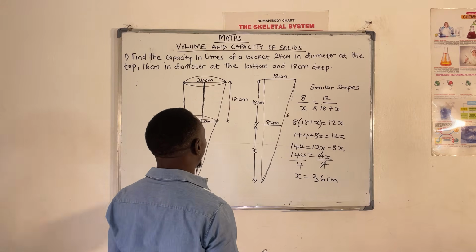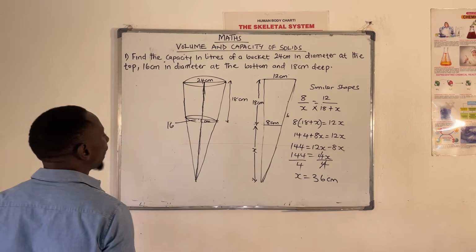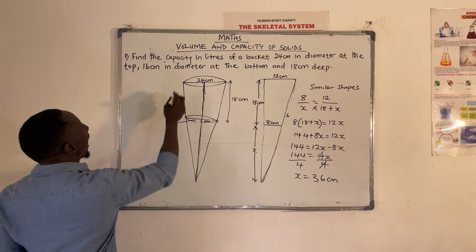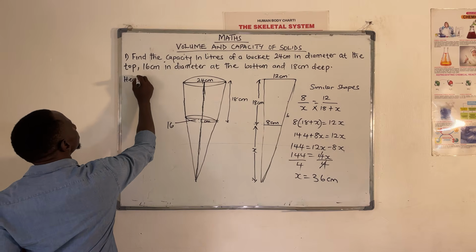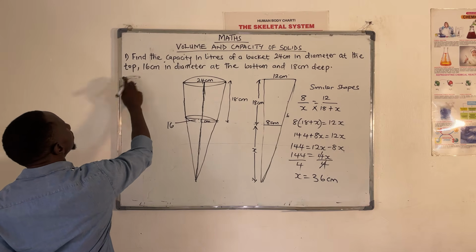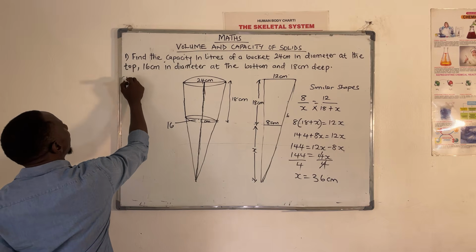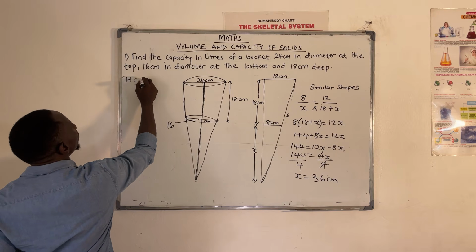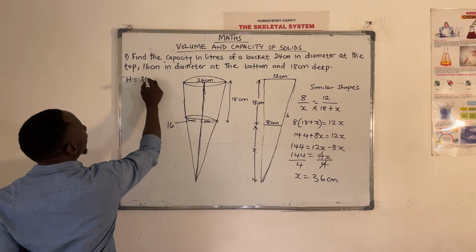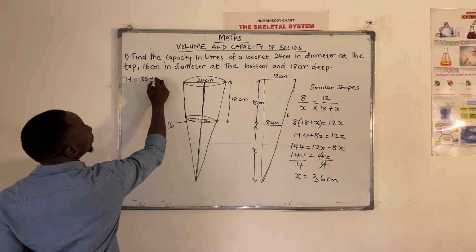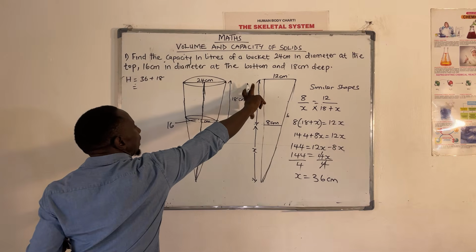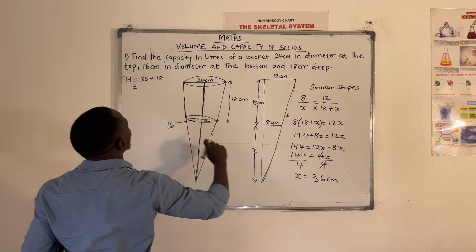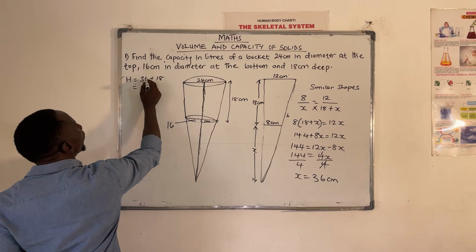So here we now have the height of the bigger cone. The height of the bigger cone is what? Is 36 plus what? 18. So when you add these two, that is 18 plus 36. When you add it, you have 8 plus 6.